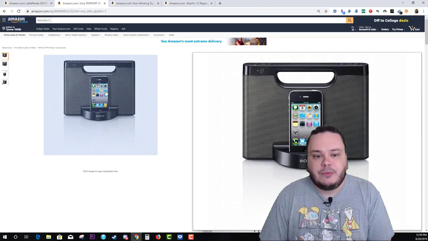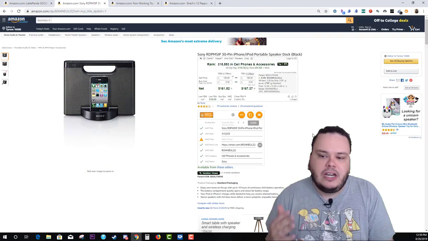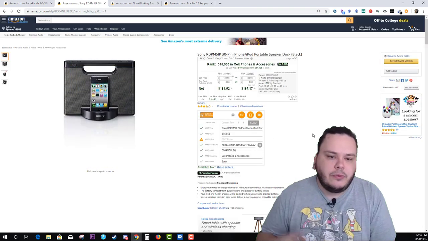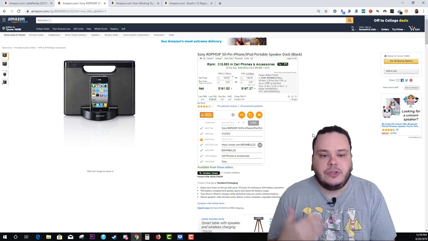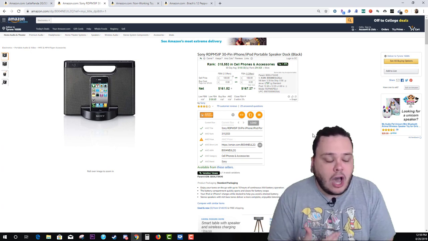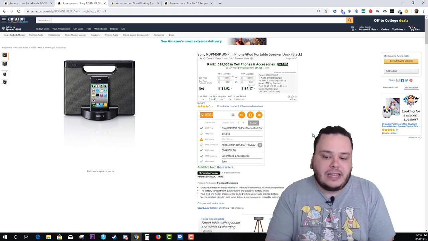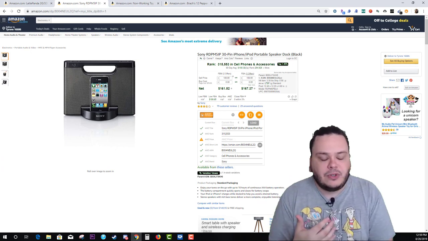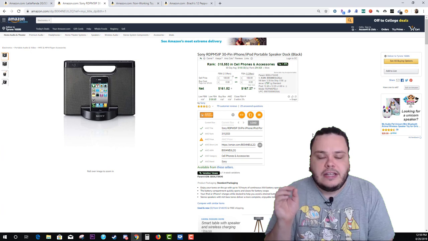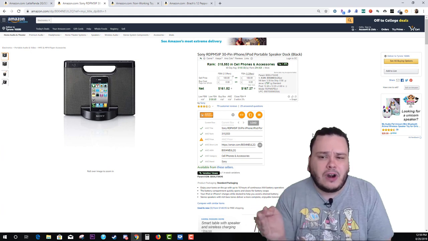We have this, which unfortunately I tried to find this phone Bluetooth speaker that I sold years ago that was not Bluetooth and was just for the iPhone 1. Wasn't able to find it. They actually removed it out of my sold inventory. It was a JBL product, but I found this. This is actually a 30-pin connector, so this is designed for, I think, Gen 4 iPods or iPhones and older.